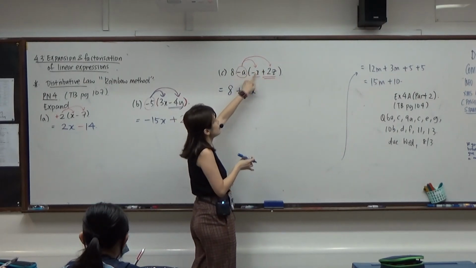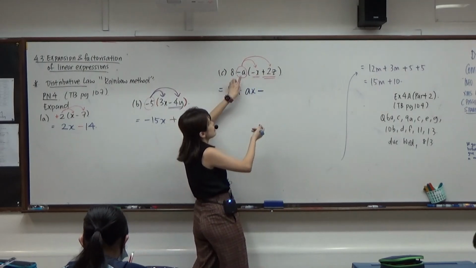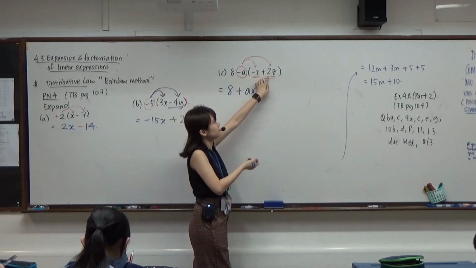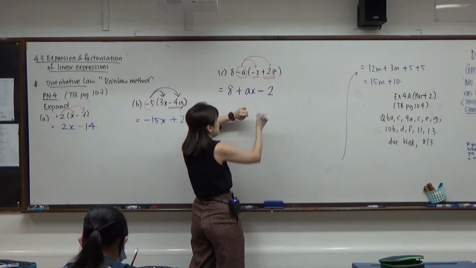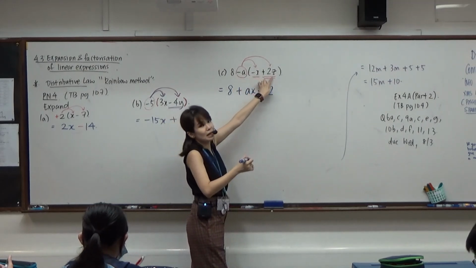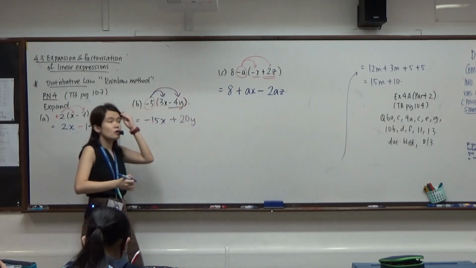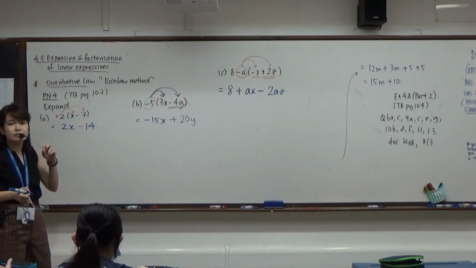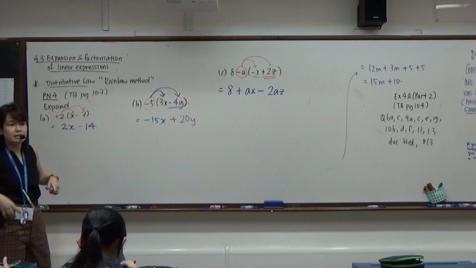Minus and plus will give us a minus. There is no number in front of a, so there's no need for us to multiply anything with the 2. My 2 will maintain. A will multiply with the z. I will have az over here. So my answer will be 8 plus ax minus 2az. Does anyone need me to repeat this?